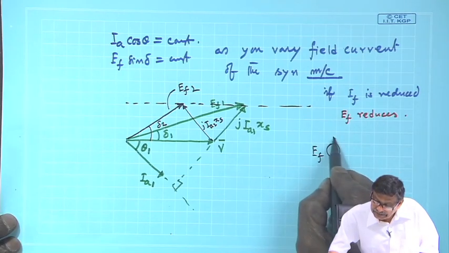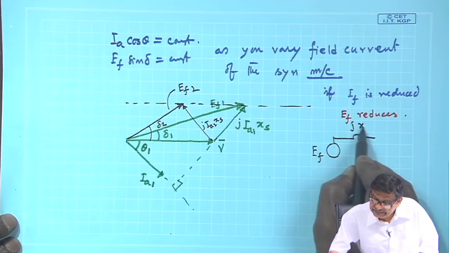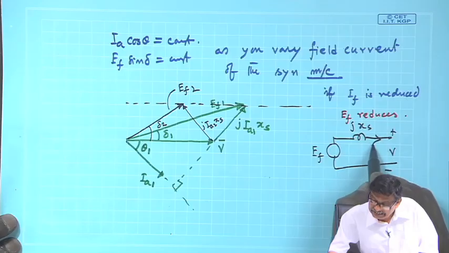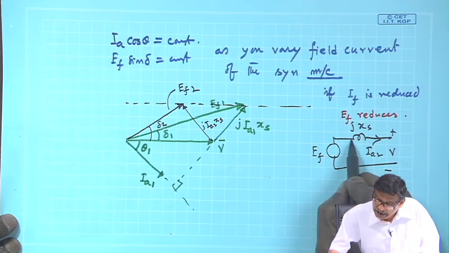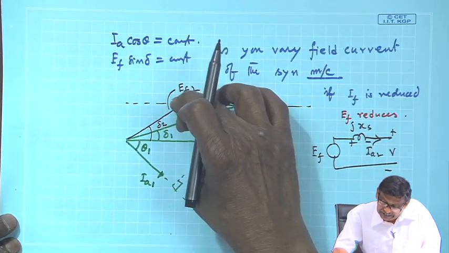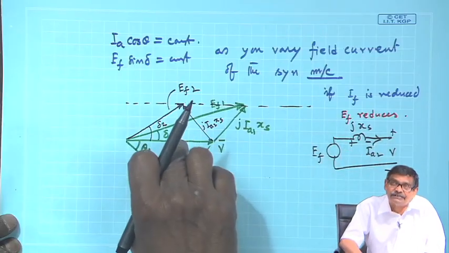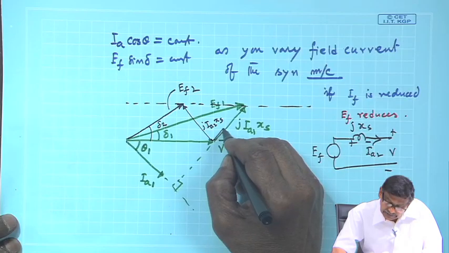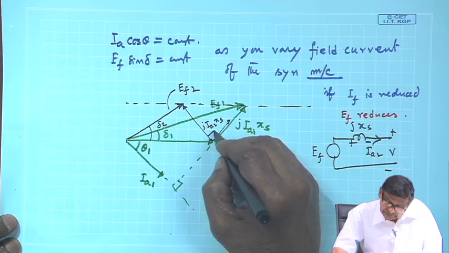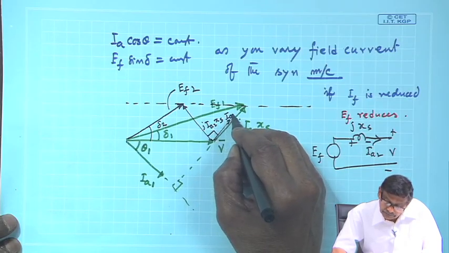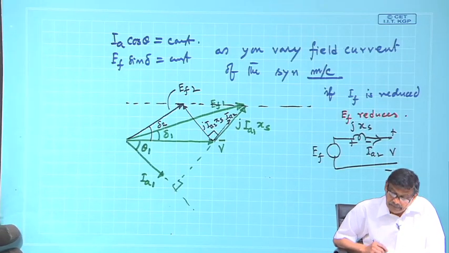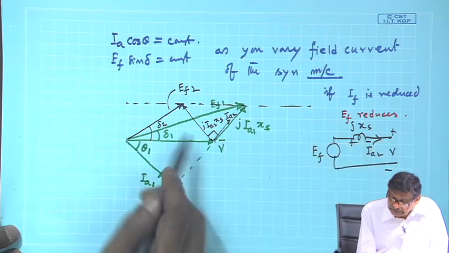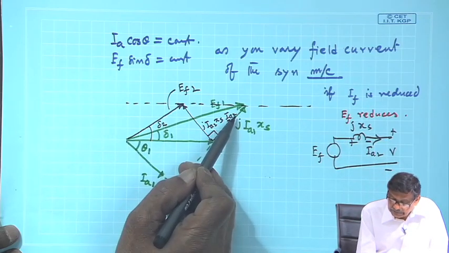You should always draw j x_s in this direction, and this is V, and this is the direction of I_a2. So, I know the voltage across the inductance, that gets fixed, and I will claim then I_a2 should be here, 90 degrees lagging that voltage across the inductance.